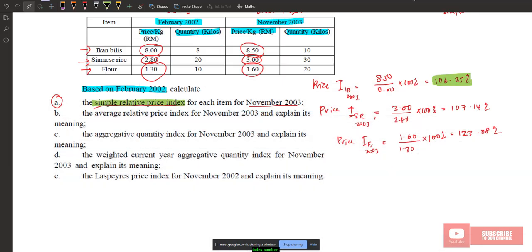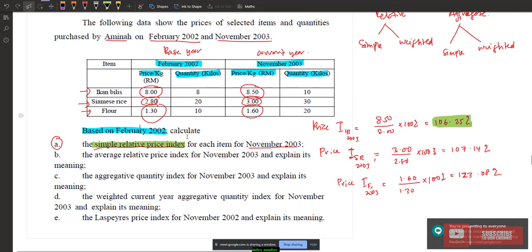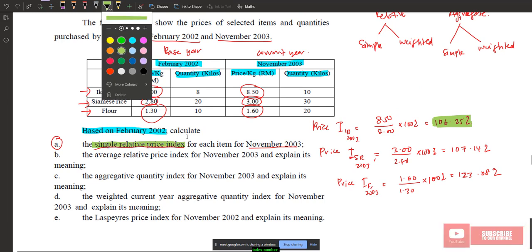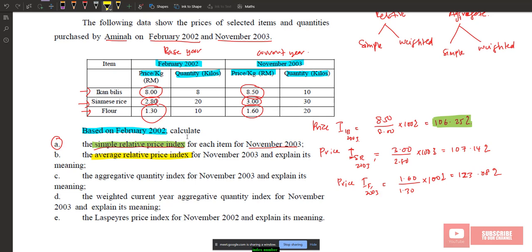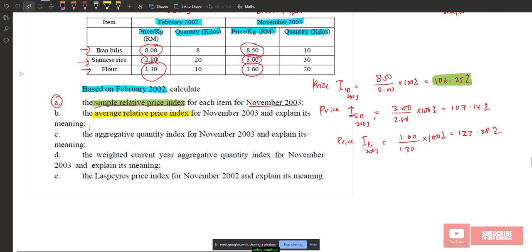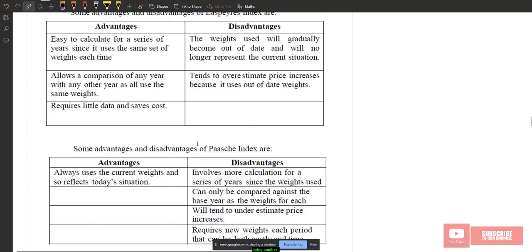Alright, good. So now we look at average relative price index. So we are still in relative index number. So what is the formula for average relative?